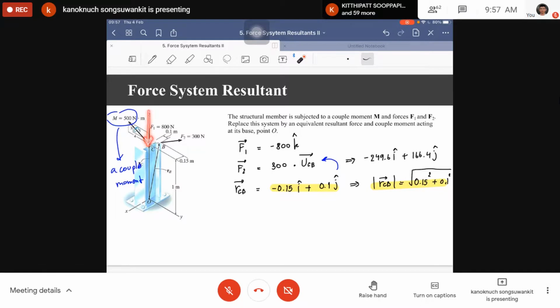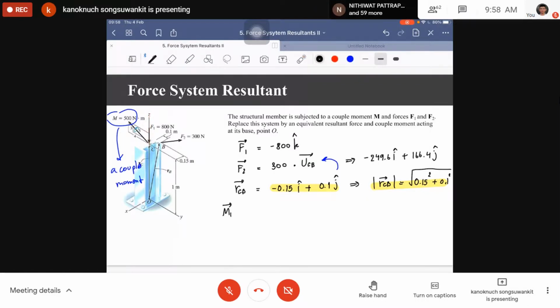Let's see the force F1. Okay, we have the couple moment M1 from the force F1. But the thing is, this force is directed to the rotating point, or it intersects with this point.